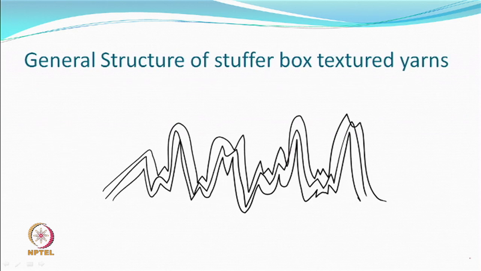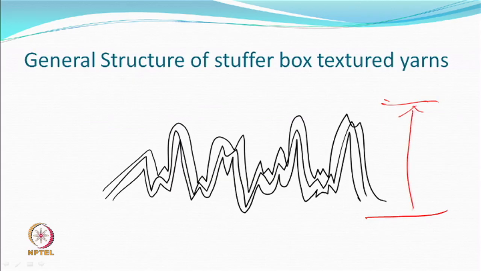So, we expect that the structure of a stuffer box textured yarn would be crimped, not necessarily very uniformly, and the frequency as well as the amplitude may not be uniform. But whenever they bend, all the filaments bend together at whatever point they bend. So, you get a structure like this.